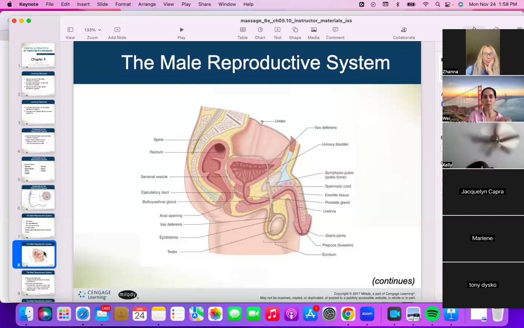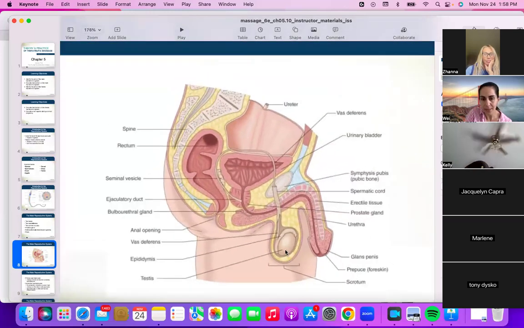So let's see what we mentioned right here. We've got the testes right here. The scrotum is the sac that covers the testes. The testes and the penis are the external parts, of course.